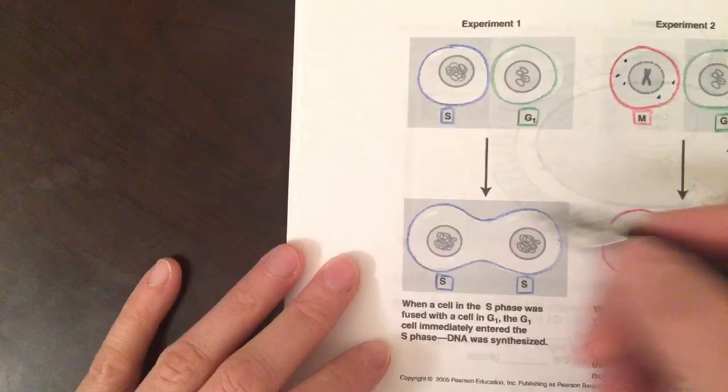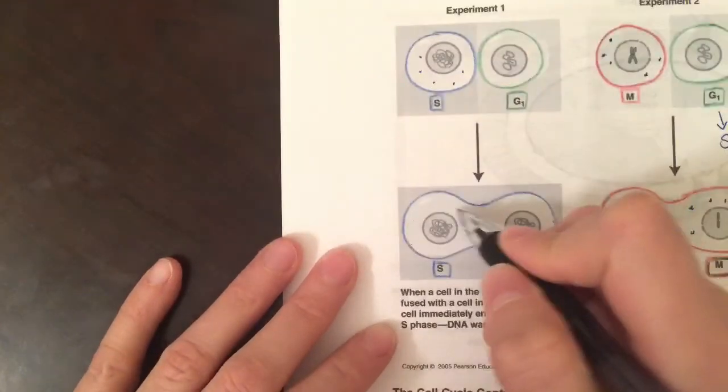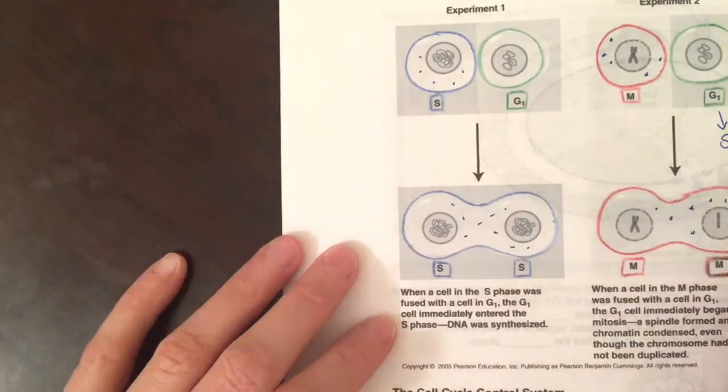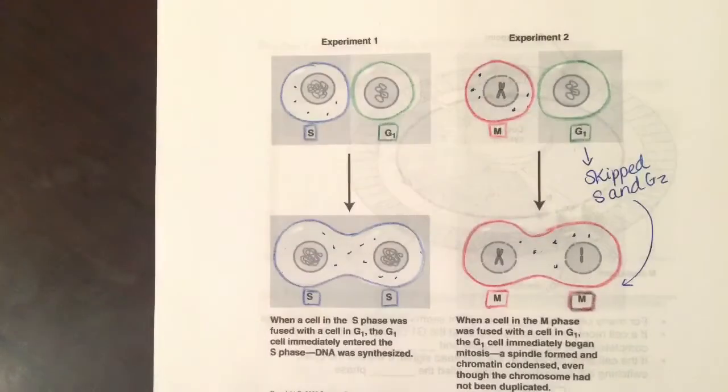And the same thing happened over here. The S phase had certain chemicals produced, and when they were fused together, those chemicals diffused. And so that was the first indication or support that the cell cycle, and what phase you're in, is controlled by chemical signals within the cytoplasm of the dividing cell.